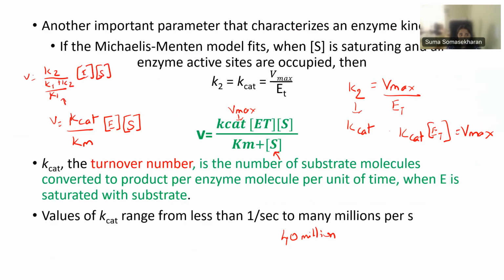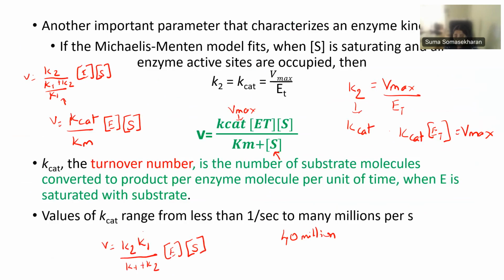So that is the second order rate constant. To further resolve this, you can write velocity is equal to k2 multiplied by k1 divided by k-1 plus k2, multiplied by enzyme concentration multiplied by substrate concentration, right?